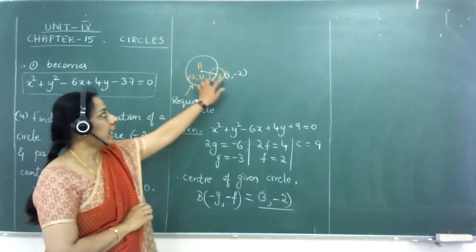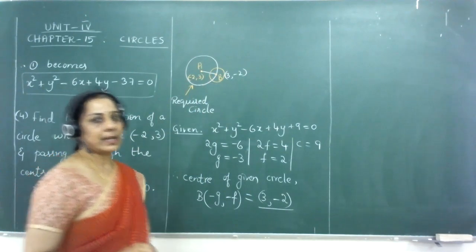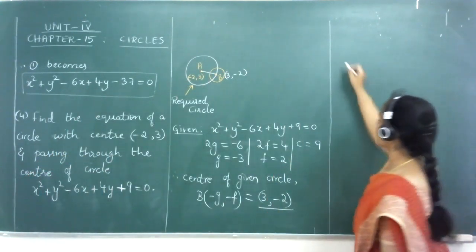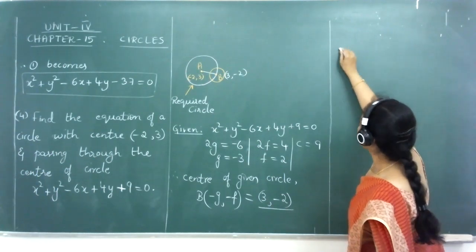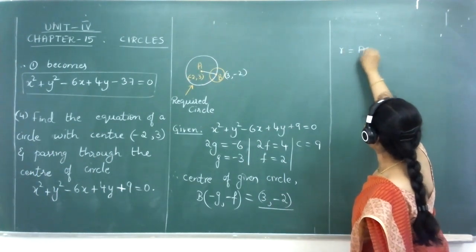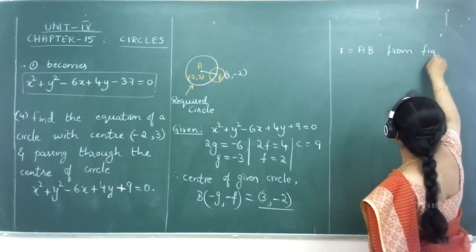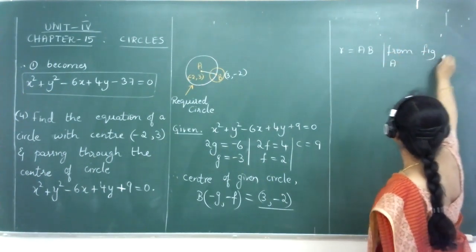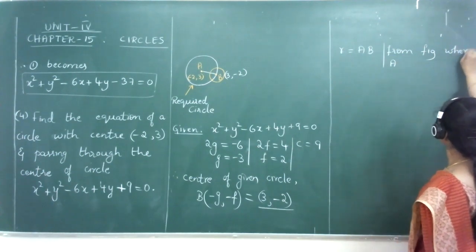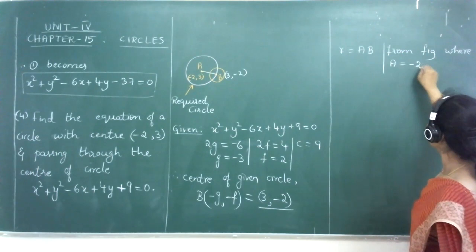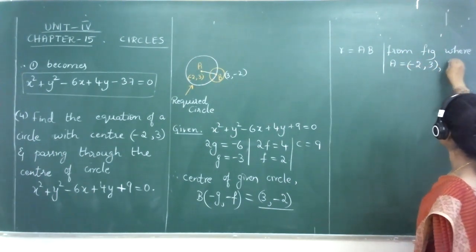When you join A and B here, clearly it gives you the radius of the circle, isn't it? So from the figure, r is equal to AB, where A is the center of the required circle. What is the center of the required circle? Minus 2 comma 3, which is already given.